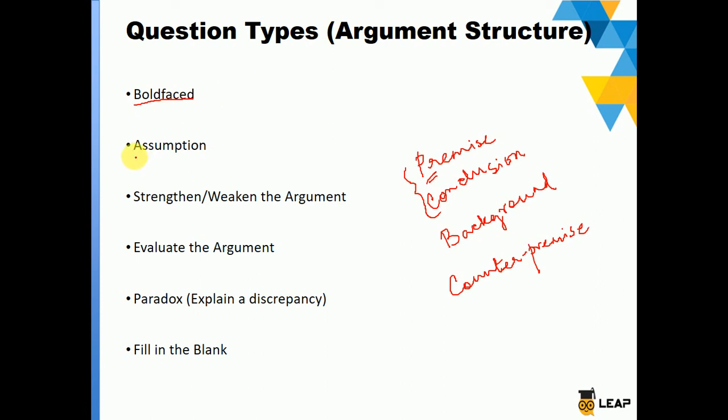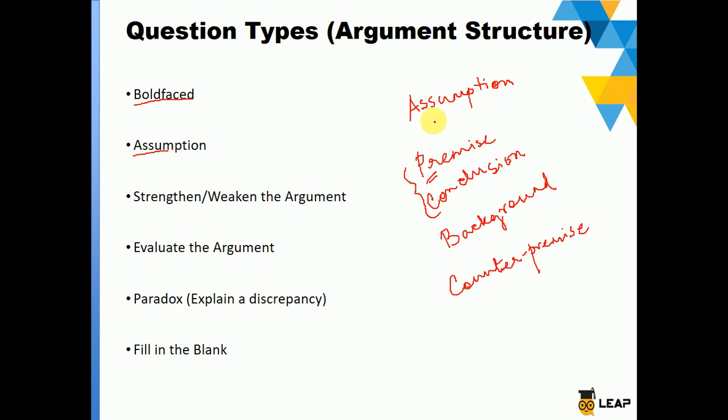In the assumption question type, you work with something called an assumption. Now, I've already mentioned these 4 building blocks to you. There's also something called the assumption, which essentially comes into play only in the assumption based question type and in no other question type. Alright, assumption is essentially something that the author thought to be completely true when he was making his argument.